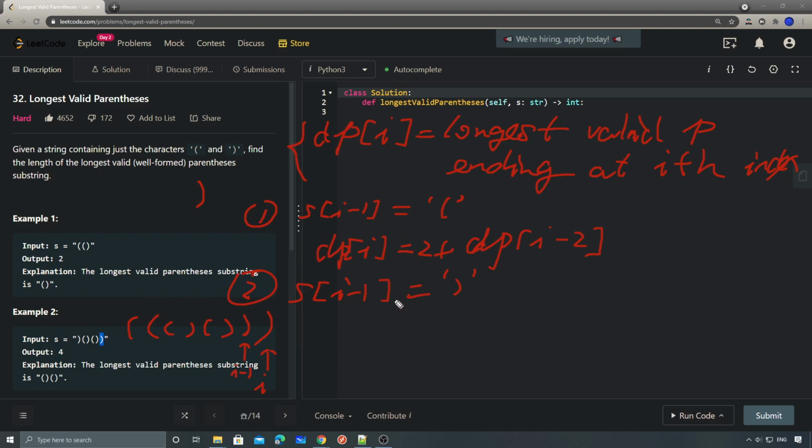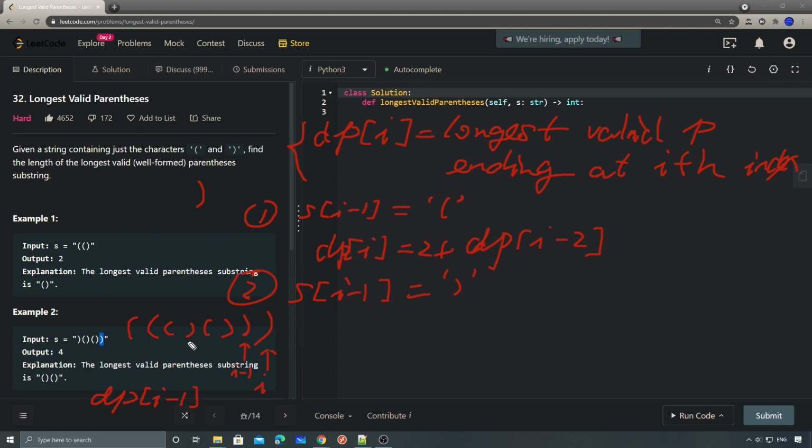So in this case, how can we come up with the state transition function here? Basically, what we need to do is check. With this i-1, we have dp[i-1]. dp[i-1] means that ending with this position, what is the longest valid parentheses?